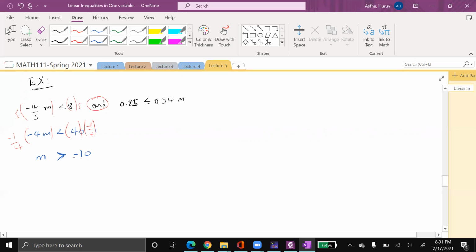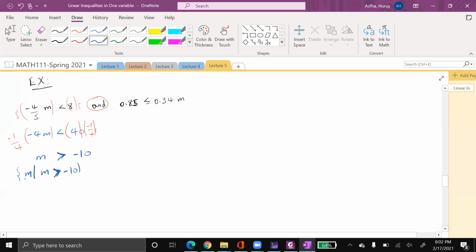And what is the interval notation of this one? How do we write this in terms of interval notation? In terms of set notation, this is m such that m is greater than negative 10.